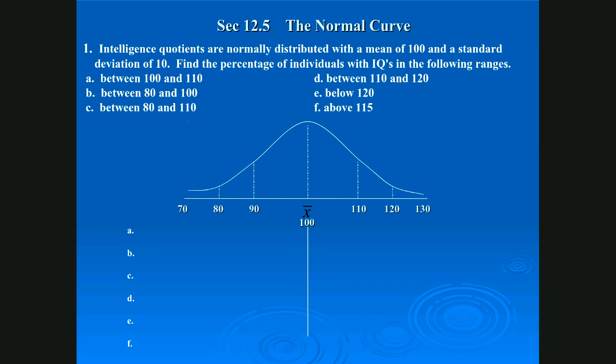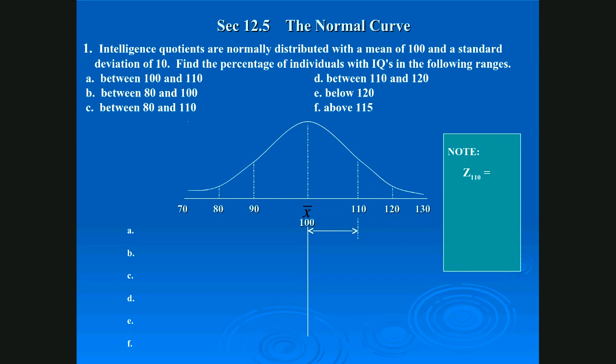So in example A, we want to find the percentage of individuals with IQs between 100 and 110. Between 100 and 110, we have to find the z-score. And remember, the z-score is the number of standard deviations away from the mean. So we are 1 standard deviation away from the mean.